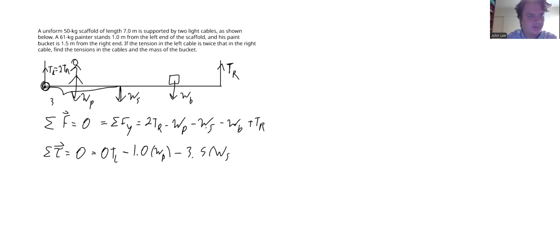It's going to be 3.5 meters. Therefore, that's going to be where the force is acting for the weight of the scaffold, minus 6.0 times the weight of the bucket, plus 7.0 times the tension of the right cable.